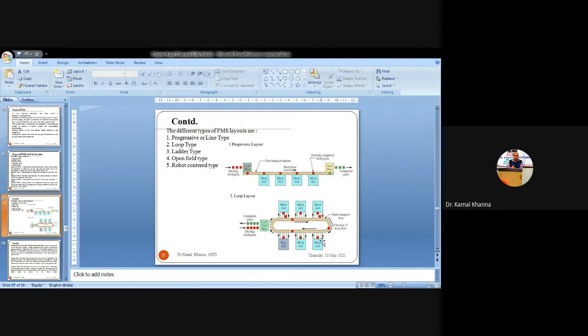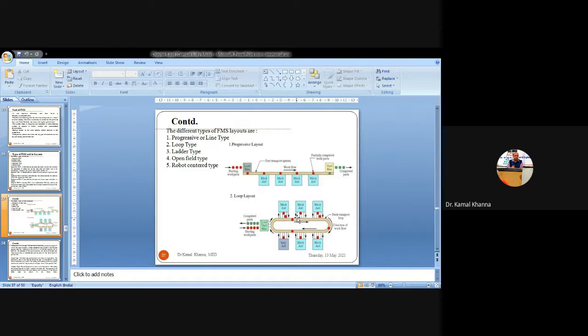You can see the material is entering from this end as well as leaving from the same end. This is the case of the loop, where it is rotating. Here the material flows in these directions, and all the operations are carried out on this specimen. There are six workstations, three on the left hand side and three on the right hand side of the loop.